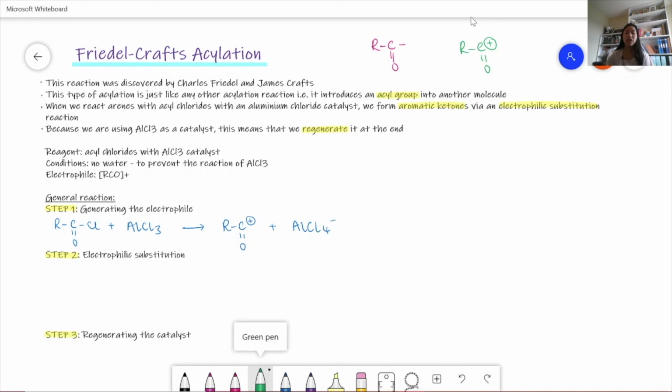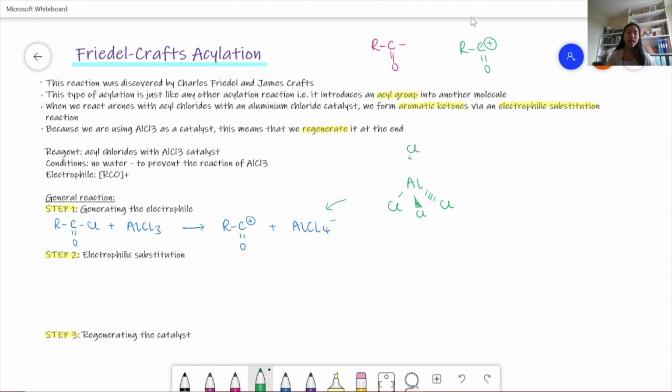One really useful thing to know about this AlCl4 minus is that it's actually got a tetrahedral shape, because we have the aluminium in the middle, and then we have the original three chlorines. And now we have an extra chlorine at the top. But aluminium doesn't have any more lone pairs of electrons to bond with this chlorine.